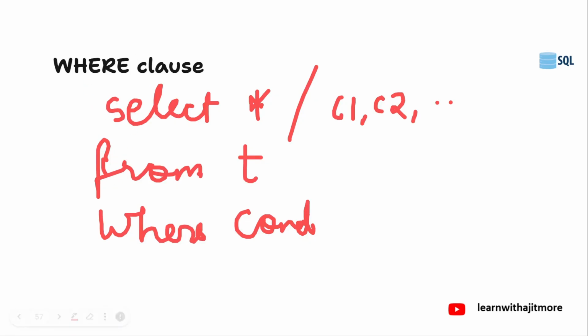This is a non-procedural concept. It will not execute in the same order in which you have written it. Like you have written first select, then from, then where. The internal execution is different. First is from. It will fetch the records from the table. Getting?